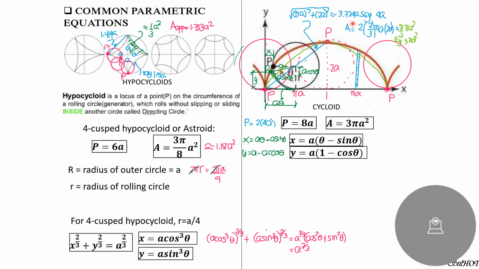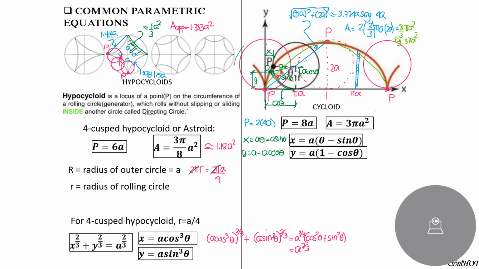That's 3.724a, but because this is the length of the cycloid for halfway to one cycle, then we round that up to 4a, so that the total perimeter would be 4a times 2, and that is 8a.